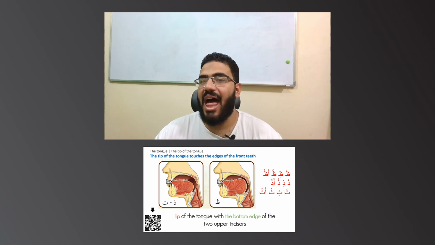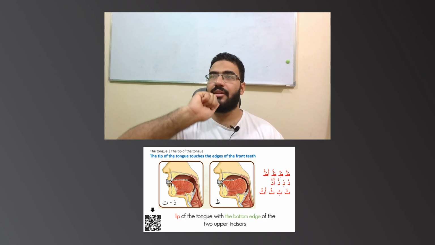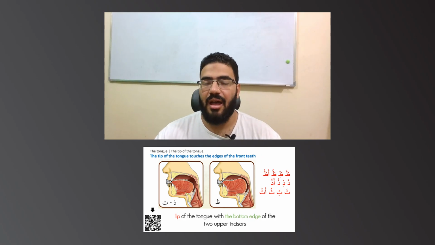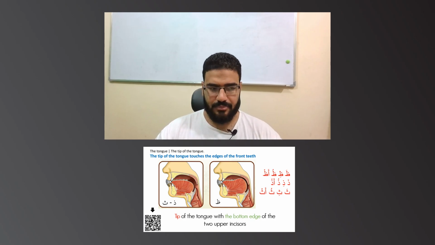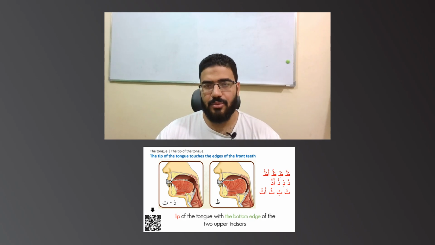Some of them put the tongue inside. You say ad, adzalimin, haja, haza. This is also wrong. Or the Indian one, which is close to the Egyptian one, you say hada, hada.